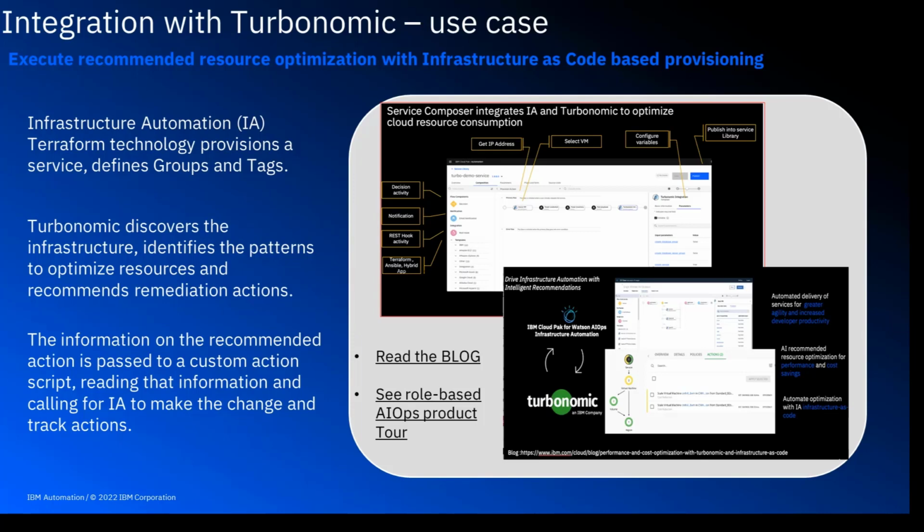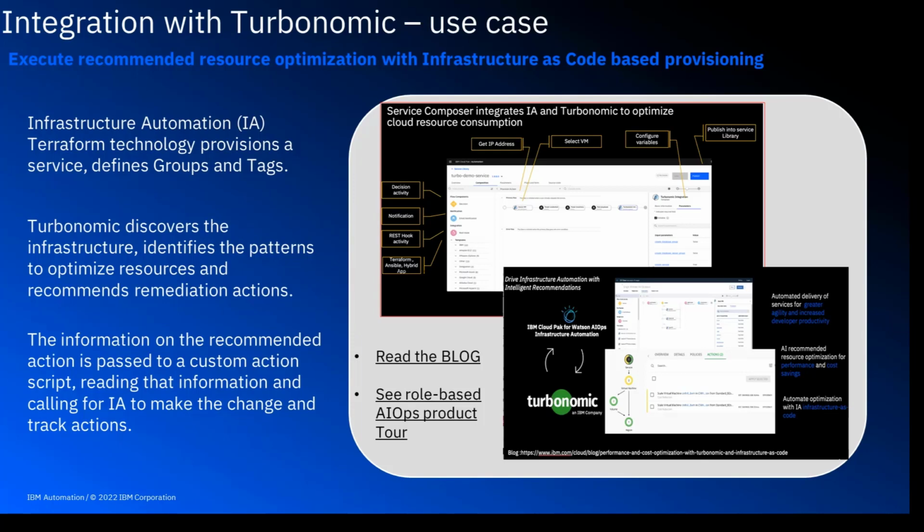call back into IA. So the end result of that is that you have one consistent action or provisioning engine for both day one initial state provisioning as well as day two changes that are made by Turbonomic or that are determined to be required by Turbonomic. So again, this is kind of linking all the parts of the AIOps portfolio.